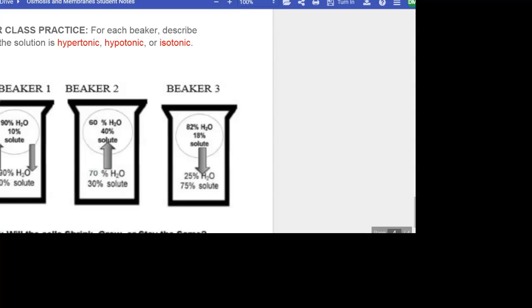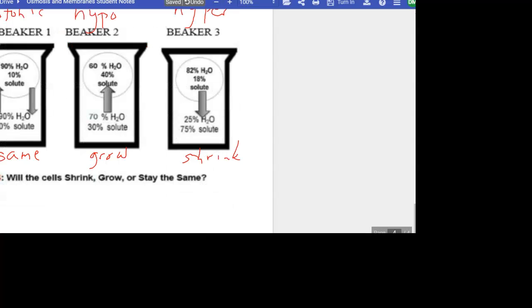However, for the purpose of practicing osmosis, let's assume the amount of water in each cell can vary. So in beaker 1, there's 90% water inside and outside. So the question is that cell isotonic, hypotonic, or hypertonic, and will the cell shrink, grow, or stay the same? So work those 3 problems, come back and check your answers.